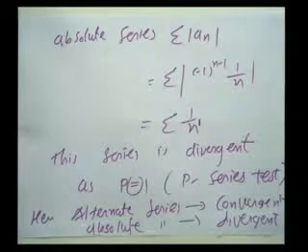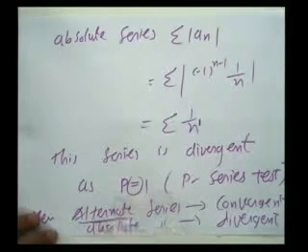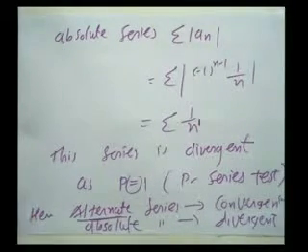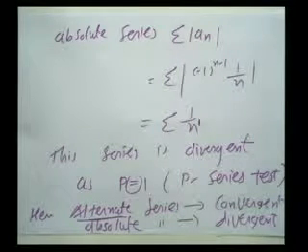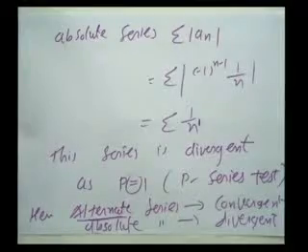So after all, the alternate series is a conditionally convergent series, not absolutely convergent, because the absolute series is divergent. So we can say that sigma (-1) raised to n minus 1 into 1 upon n is a conditionally convergent series. So this is for the alternate series.